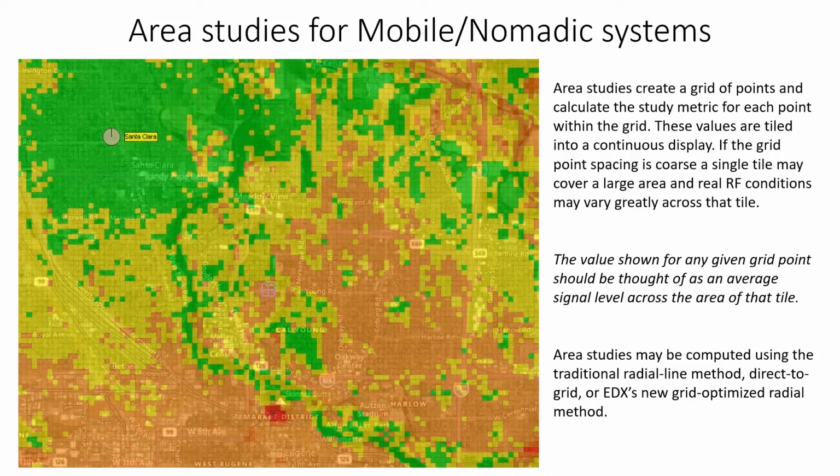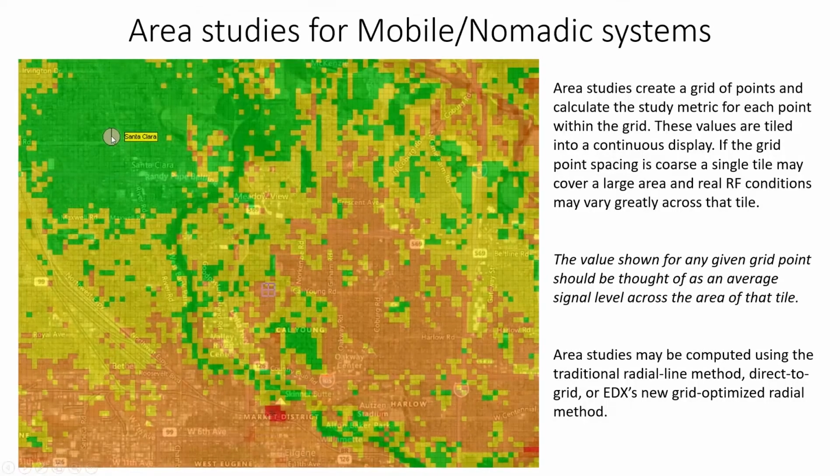When we produce an area study in SignalPro, this makes the heat map results that a lot of us are really familiar with. And you can see I've zoomed way in on those results here for an example of an area study. And basically, here's what we're doing to construct the link budget.